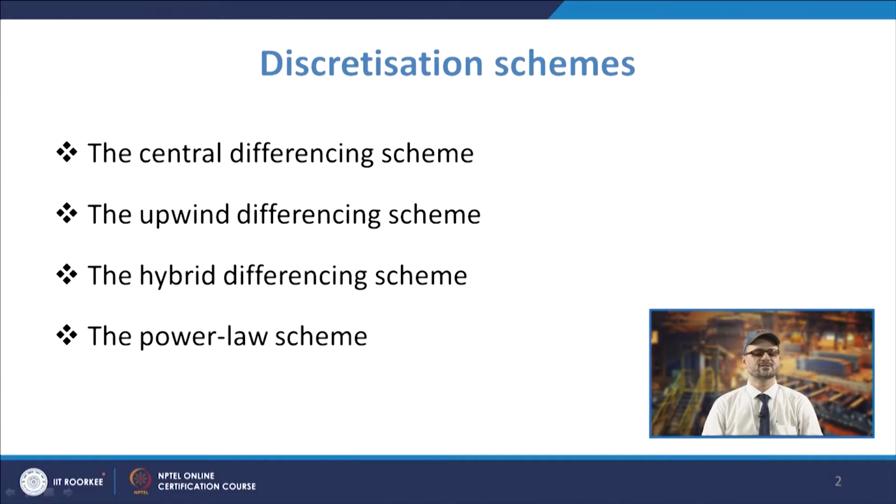Normally the schemes used are the central differencing scheme, the upwind differencing scheme, the hybrid differencing scheme, and the power law scheme. We will also discuss higher order schemes like the QUICK scheme, and there are many more.